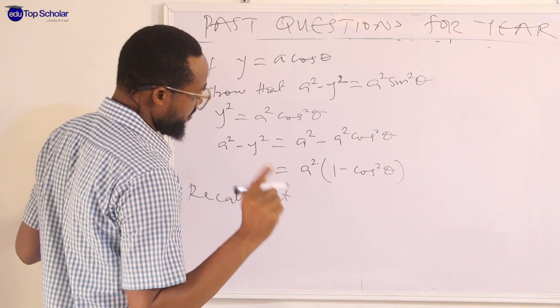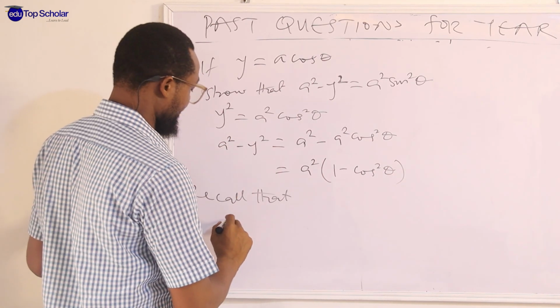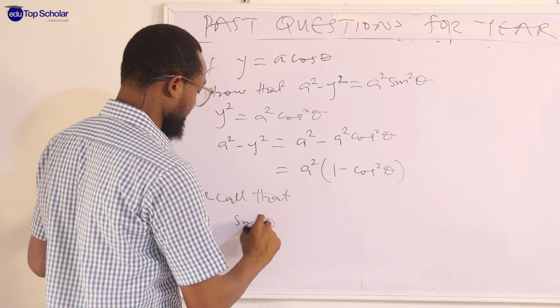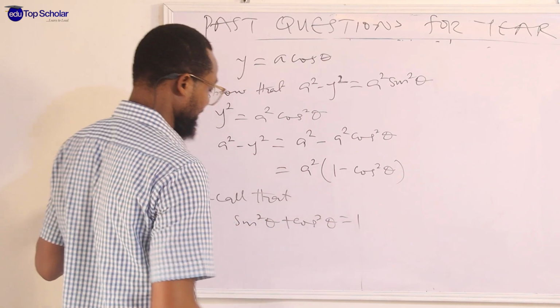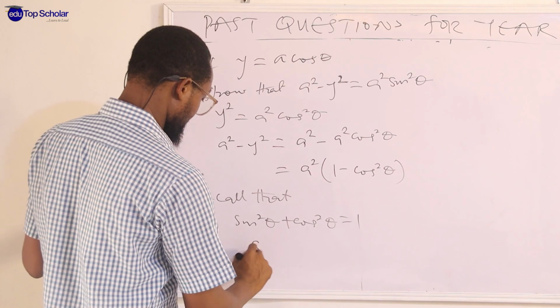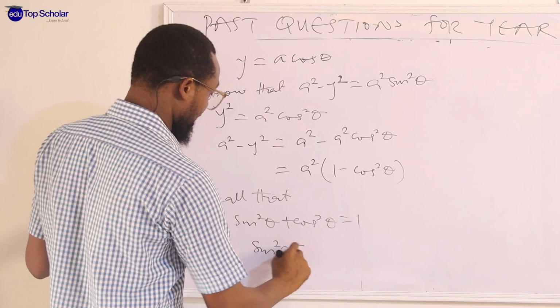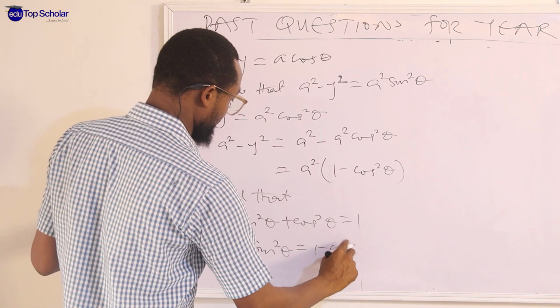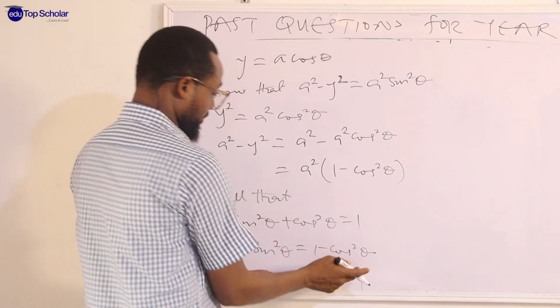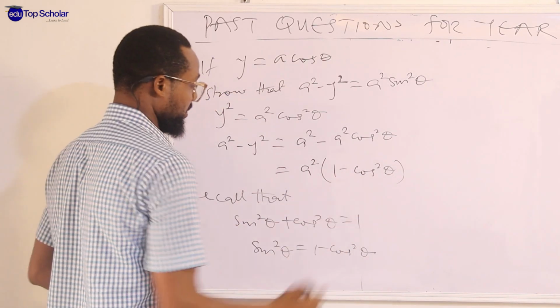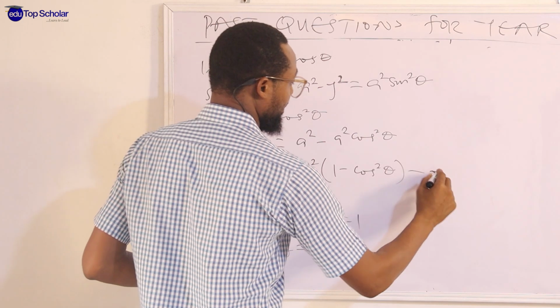From the first trigonometric identity that we have, sine squared theta plus cos squared theta equals 1. From here, sine squared theta will give us 1 minus cos squared theta. And therefore, we can substitute this in place of this. Let's call this star.